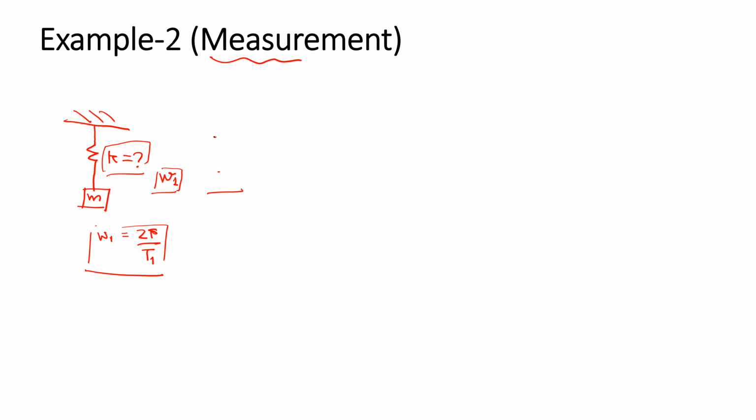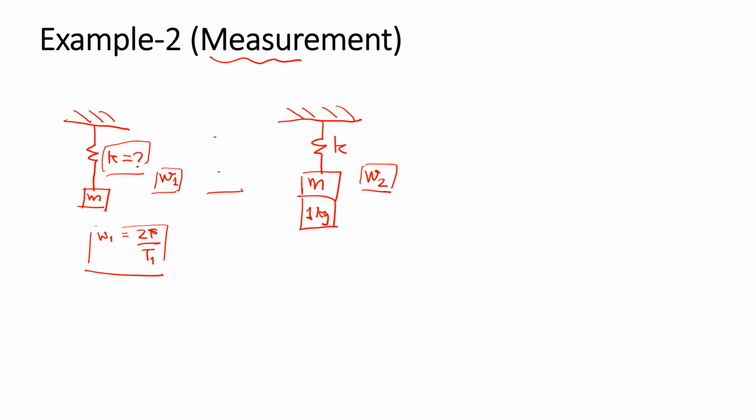And then you modify the system by adding a weight that you know. You may add a weight of 1 kg that you know, and you make it vibrate, and you measure the period, and you obtain the omega.